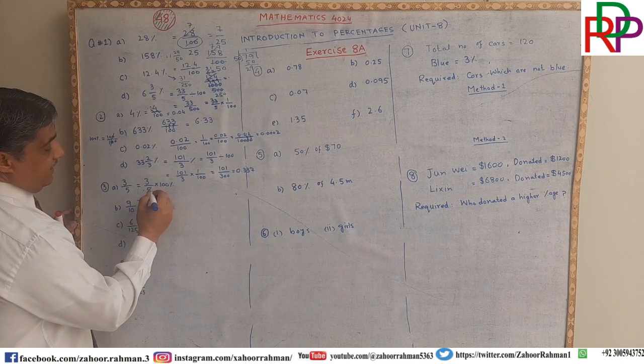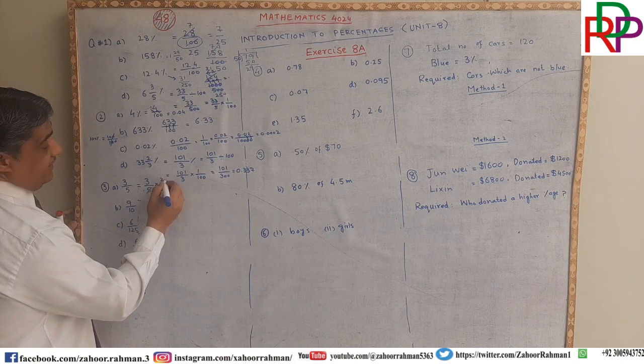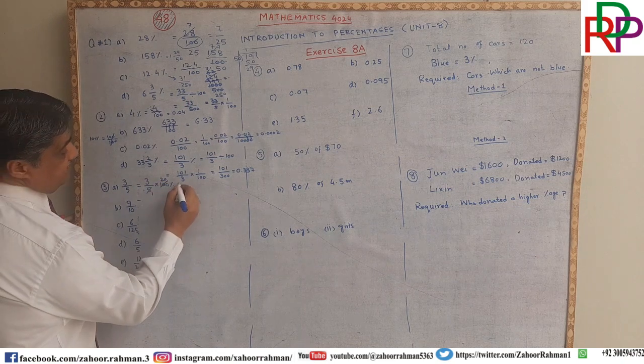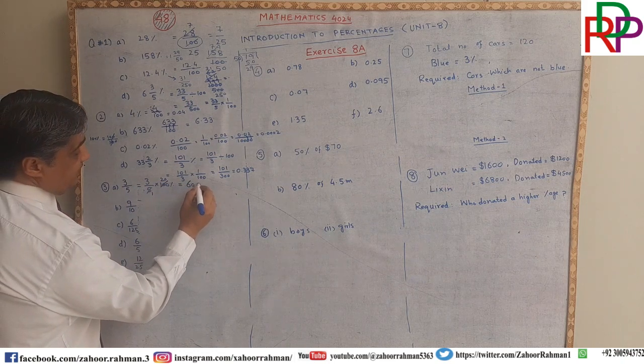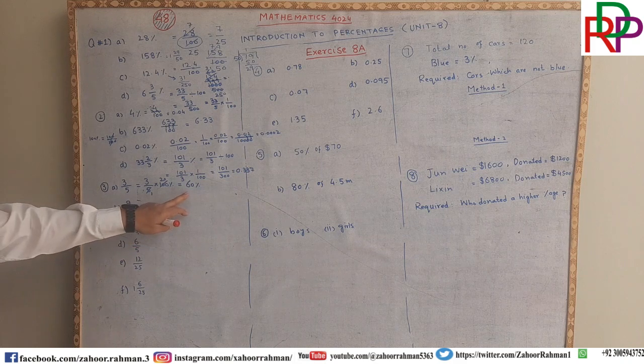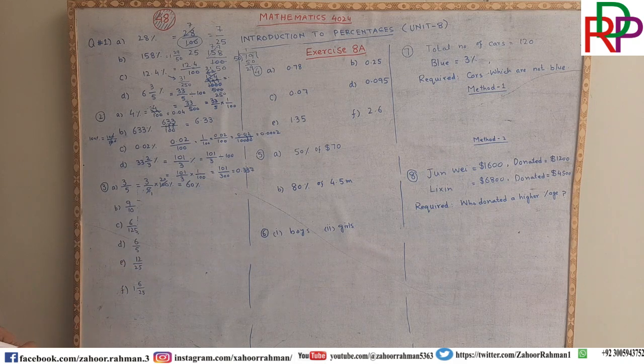So now 5 ones are 5 and 5 twenties are 100, and 3 twenties are 60. It means that if somebody is getting 3 marks out of 5, I'm generalizing it, his or her marks percentage is 60%.